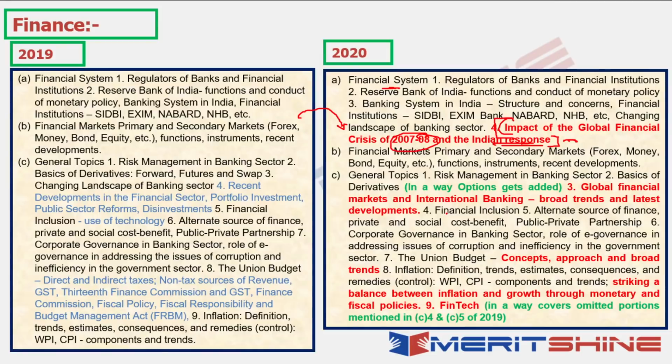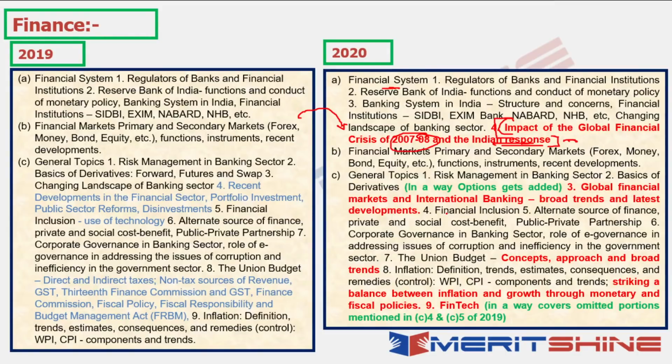We all know how the 2007-8 crisis created a question mark even on the liberalization and globalization policies of various governments, and how India responded to it. Now this is contemporary, so contemporary that we would be learning a lot out of it, right?